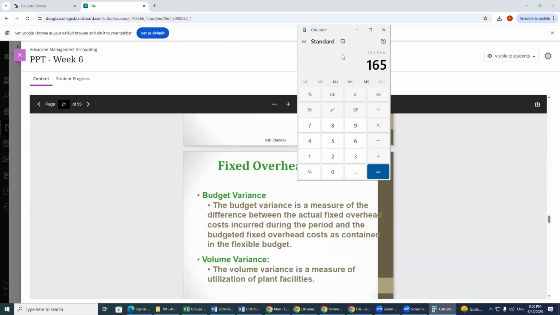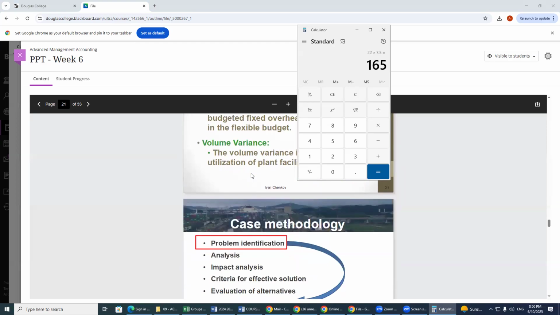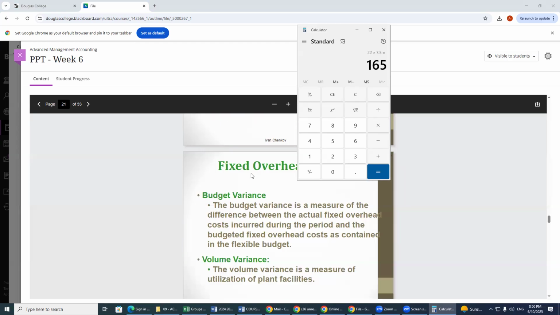So the volume variance, later on, we're going to see, is going to give you the opportunity, if you want to utilize that difference, to see how much extra you can get. That's what we're going to see in this case.